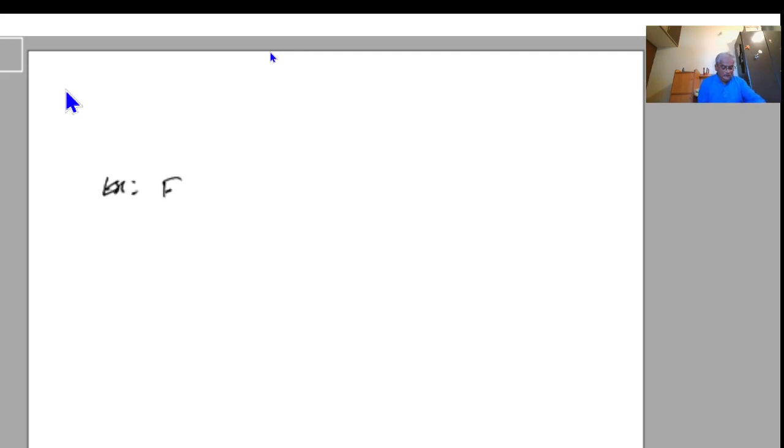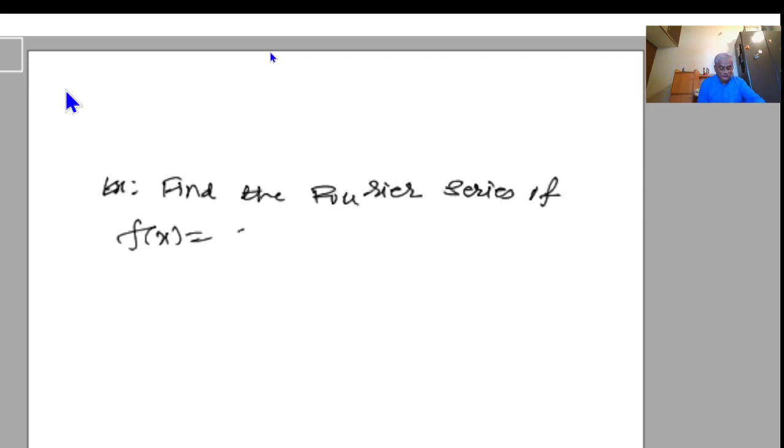Find the Fourier series of f of x equal to e power of minus x in the interval 0 less than x less than 2.